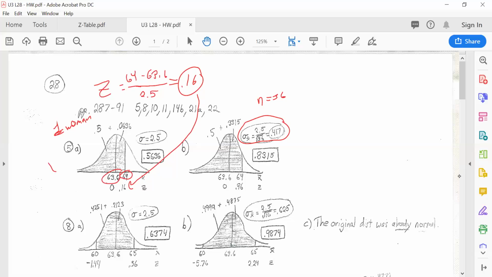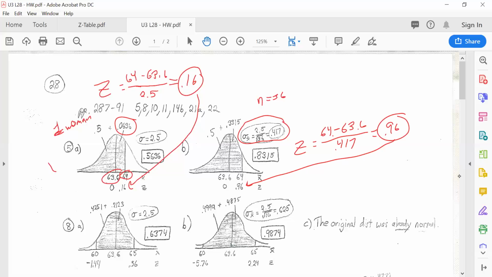So to find the z-score here, I did 64 minus 63.6. That doesn't change. But now I divide by the standard error of 0.417. That's what gave me the z-score of 0.96. So then 0.16 gives me an area of 0.0636, add it to 0.5, and that's how I get my final answer.